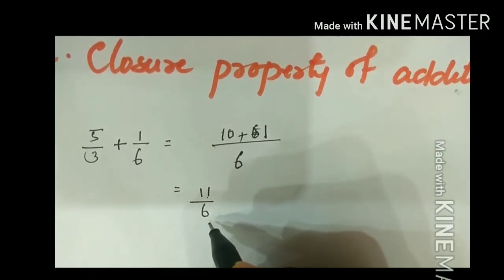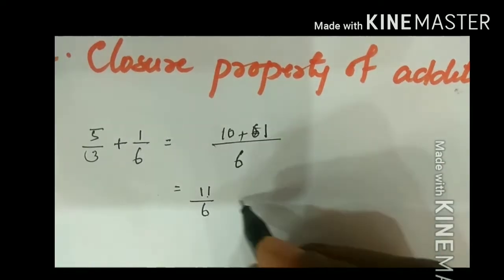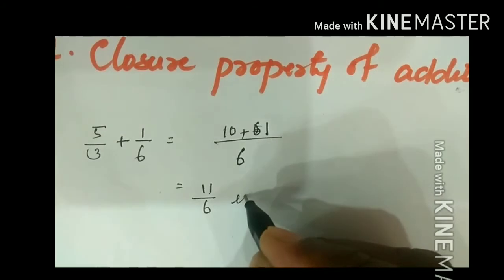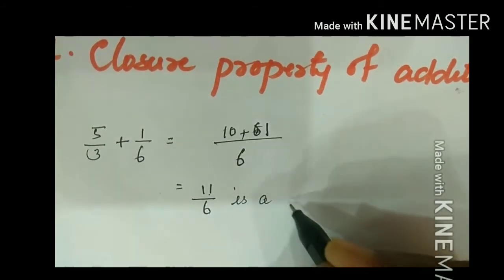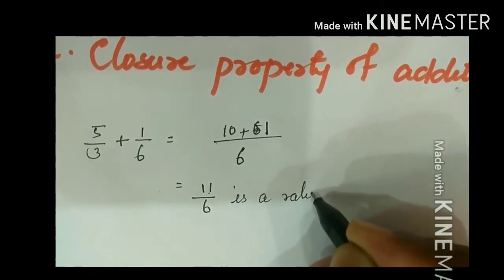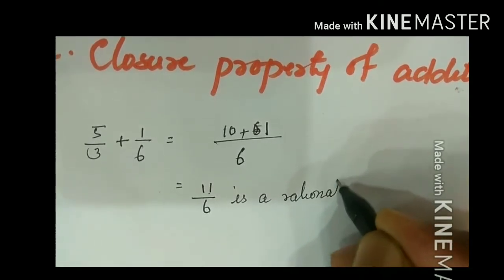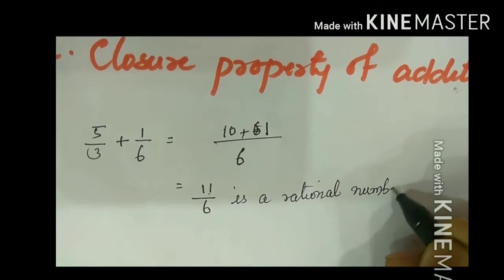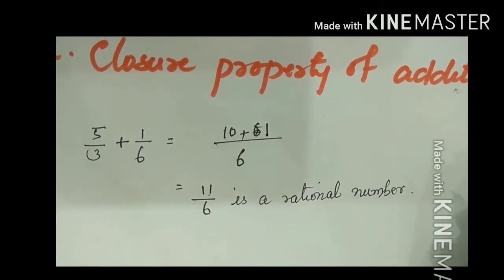So 11 by 6 is a rational number. So what is the conclusion? We can conclude that 11 by 6 is a rational number. Okay, so let's take another example.